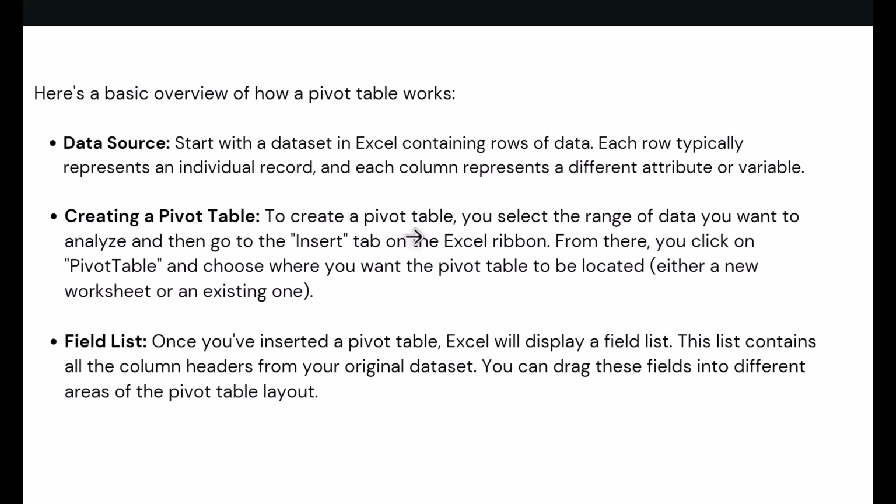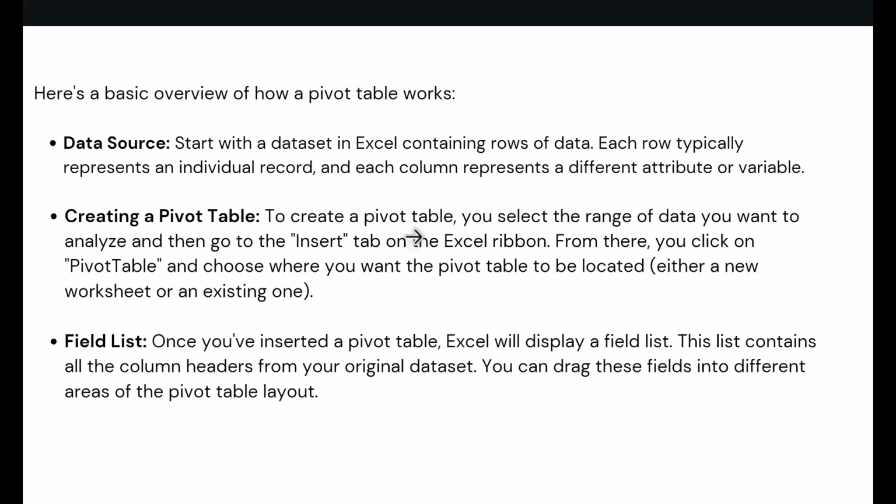To create a pivot table, we have to select the range of data we want to work with, and then we go to the Insert tab in the Excel ribbon. From there you click on pivot table. So you choose where you want the pivot table to be located, either a new worksheet or an existing one.